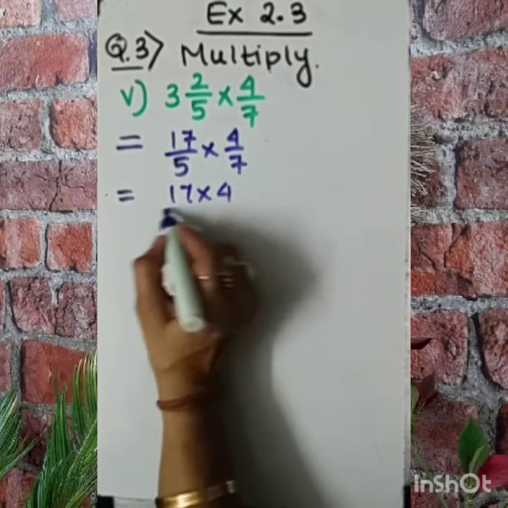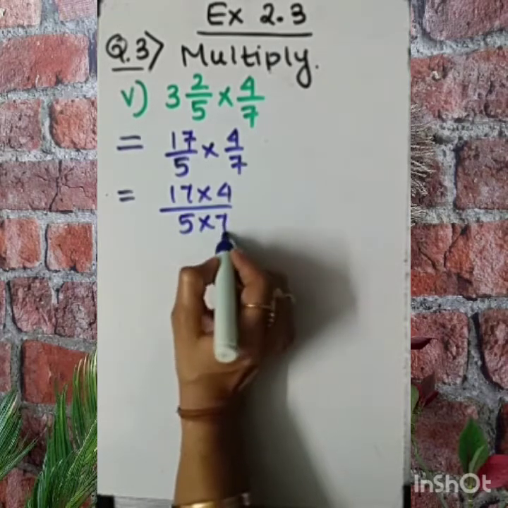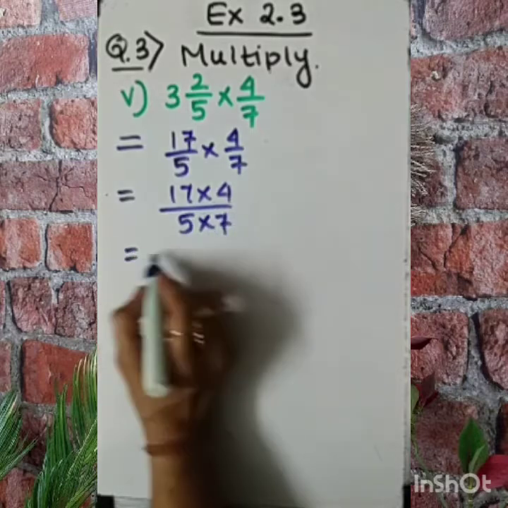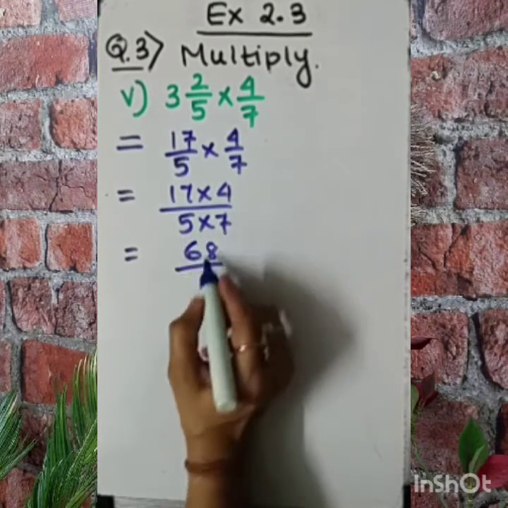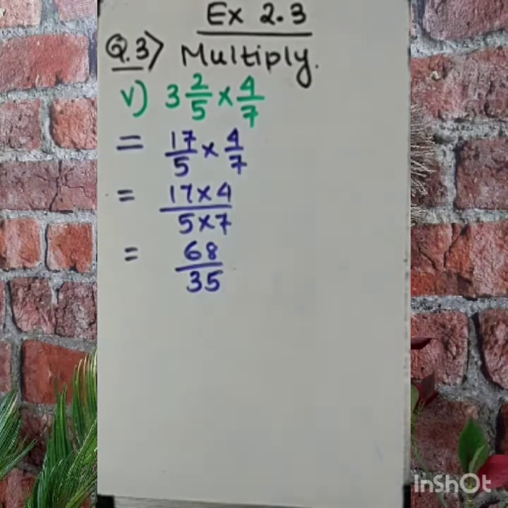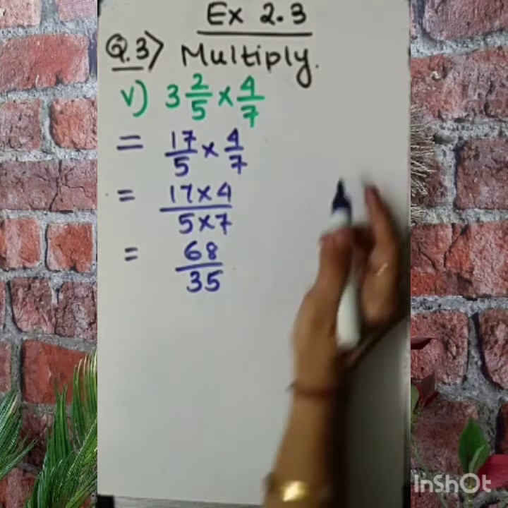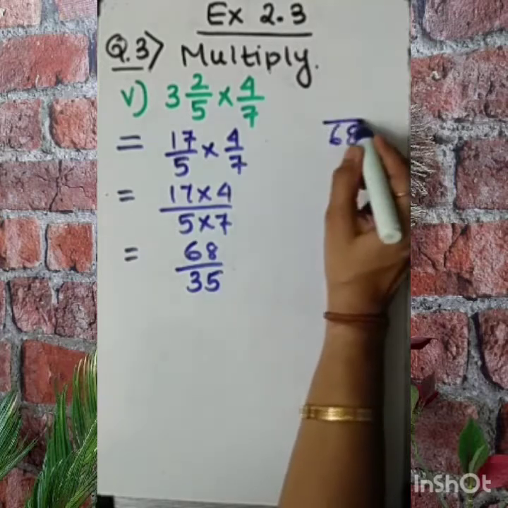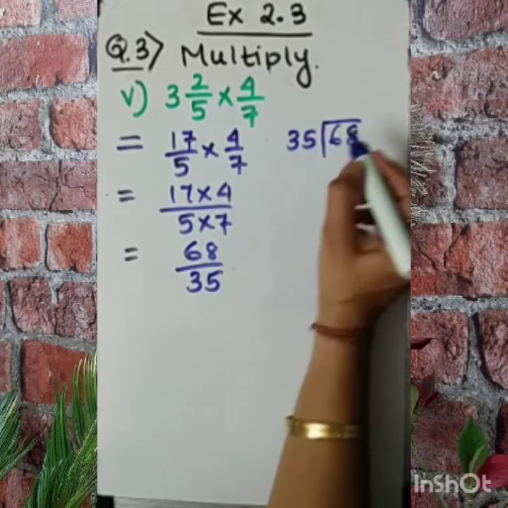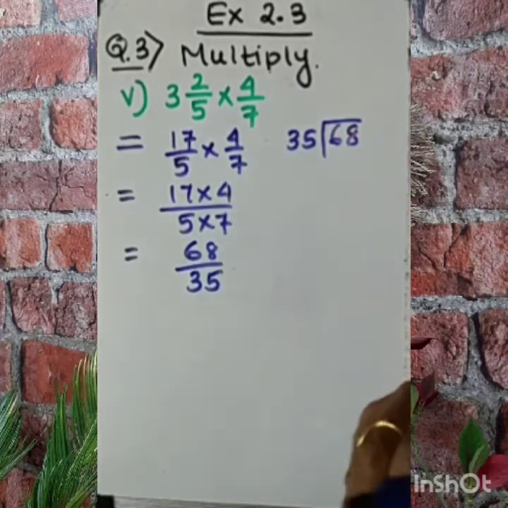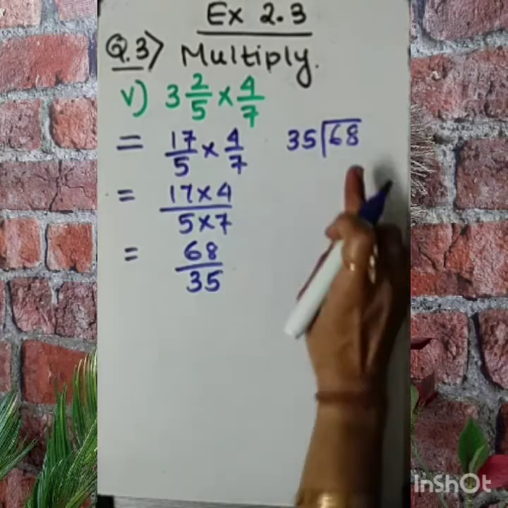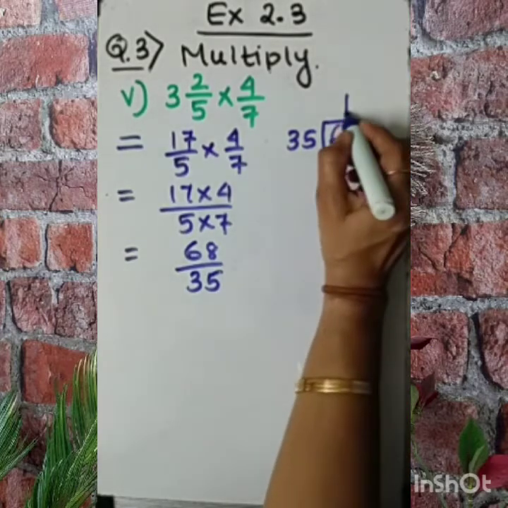So let me multiply. We know that 17 4s are 68 and 5 7s are 35. The product is 68 by 35. So let's divide. If I divide 68 by 35, then 35 2s are 70, which is bigger than this, so I need to go with 1.